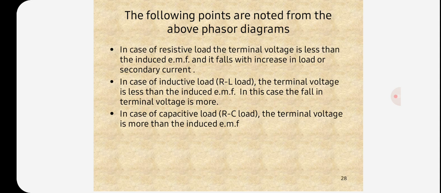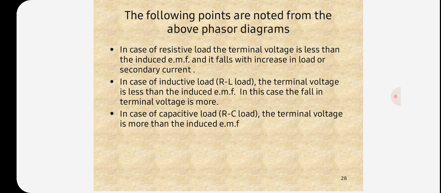Equivalent reactance referred to primary, X01, is equal to X1 plus X2 dash, that is equal to X1 plus X2 by K square. Equivalent impedance referred to primary, Z01, is equal to under root of R01 square plus X01 square. When the secondary impedance is transferred to the primary side, then the secondary side has no impedance.